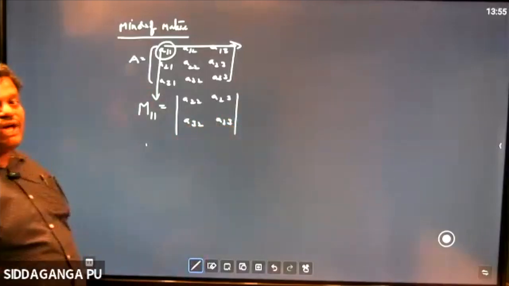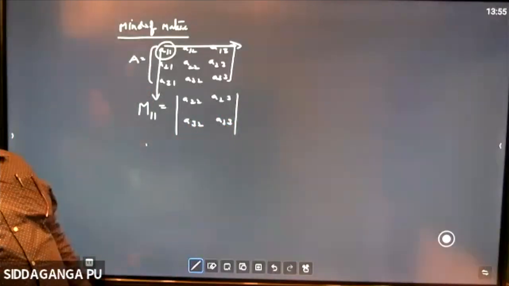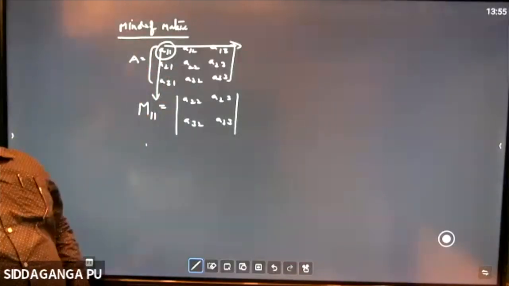This determinant value is called the minor M11, meaning the minor of A11.